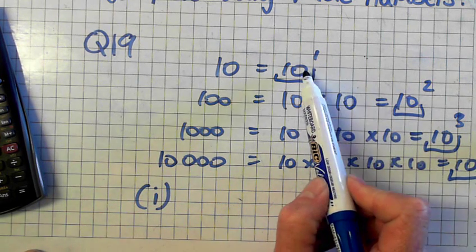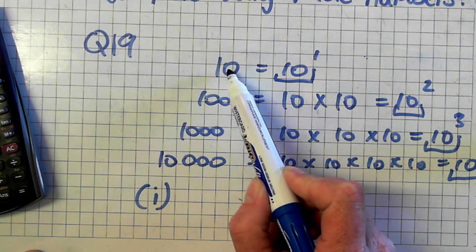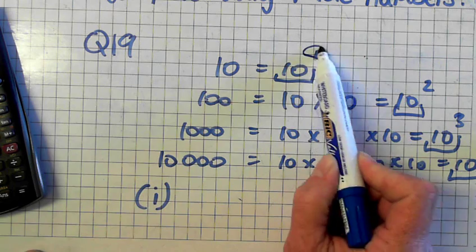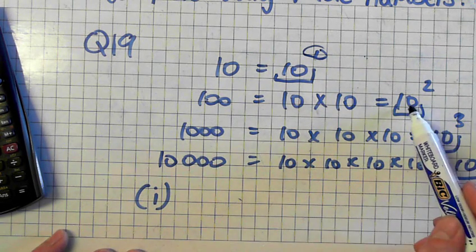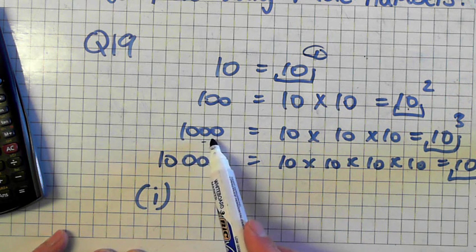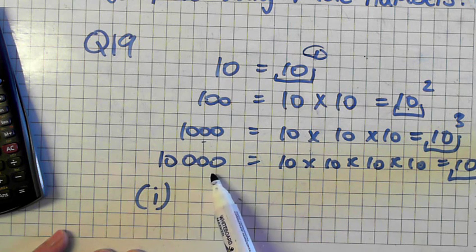What do you notice about 10 to the 1, or 10 here? How many zeros does it have? It has 1 zero. How many zeros does 100 have? 10 to the 2. It has 2 zeros. How many zeros does 1,000 have? 3. It has 3. 10 to the 3. How many zeros does 10,000 have? 4.